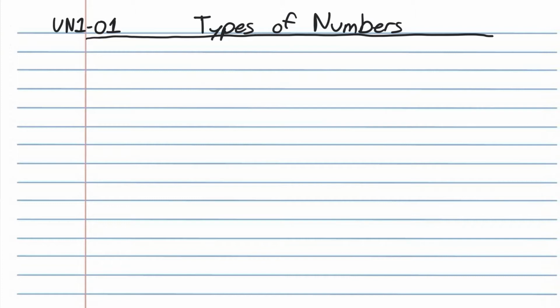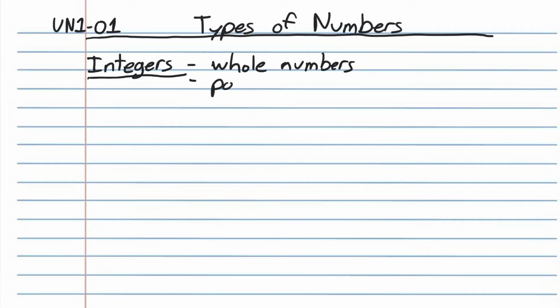Okay, so the first type of number that we need to be familiar with is whenever we talk about the word integers. Okay, that's going to come up a lot. Essentially, what an integer is, it's a whole number, so no decimals or fractions. Okay, an integer is just a whole number.